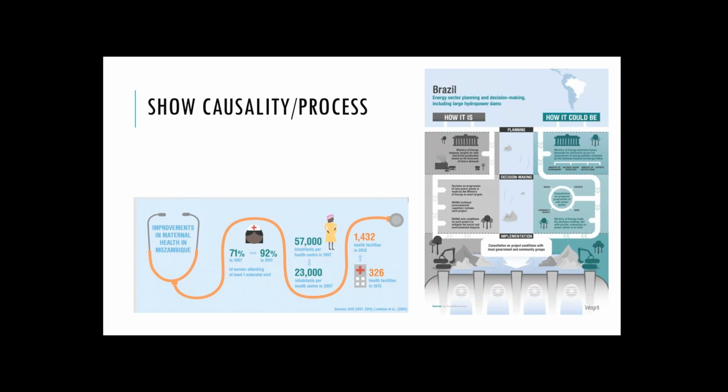The right-hand side of the column is an alternative process that the researcher of this particular report laid out around how it could work better in the future to better consult communities, not only on the placement of those dams, but on whether in fact those dams should be built in the first place, or whether Brazil should be getting its energy needs from elsewhere. So those are just a couple of very different examples, but each laying out and showing different processes or causal inferences.